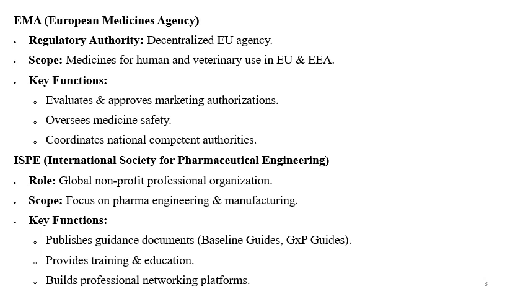You might have come across the ISPE guidelines for blend uniformity and guidelines for stratified sampling. The scope of ISPE is that it focuses on pharma engineering and manufacturing. It also provides guidelines and best practices. Then key functions of ISPE: it publishes guidance documents, baseline guides, GXP guides, provides training and education, and it builds professional networking platforms.